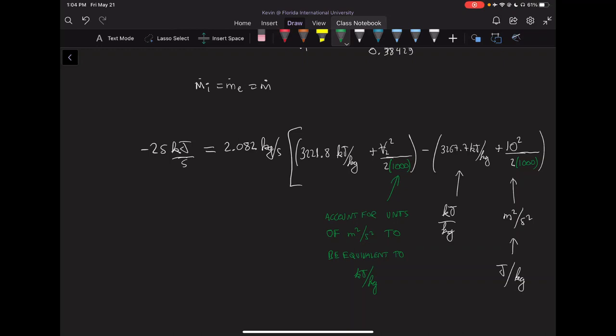That's extremely important, and we need to take that into account. You need to make sure that your units are correct in your system, hence why we have to divide the velocity by 1,000.